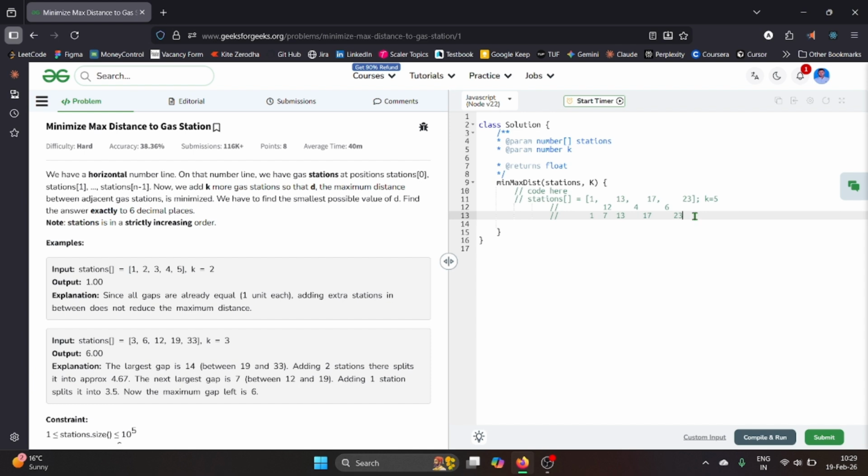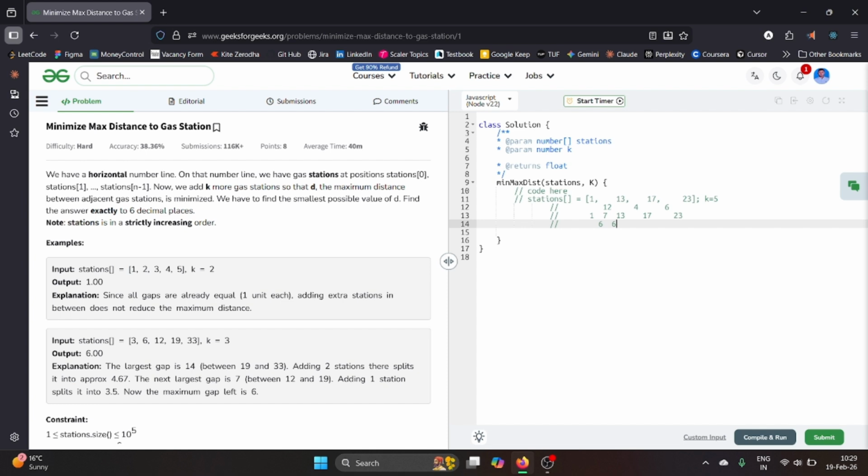Here you can clearly see our new gap between the first and second distance. This gap is 6 and this gap is also 6. So we have put the first gas station and made the gaps equal, which is 6.